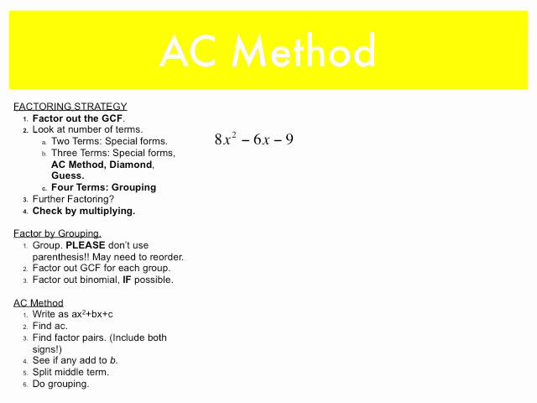Our next example, 8x squared minus 6x minus 9. Here's my diamond, or my grid, whatever you want to think of it. Okay, A times C, 8 times -9, that's -72. My B is -6. What two numbers multiply to give me -72 and add to give me -6?